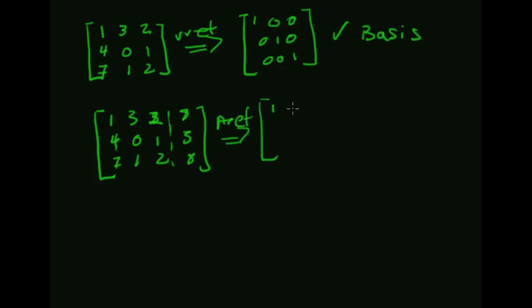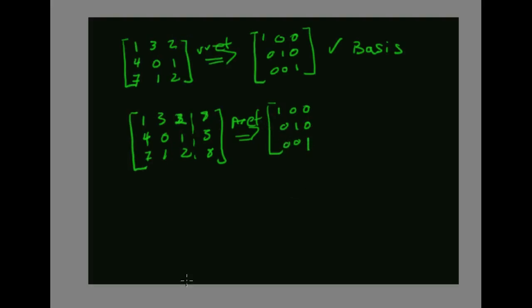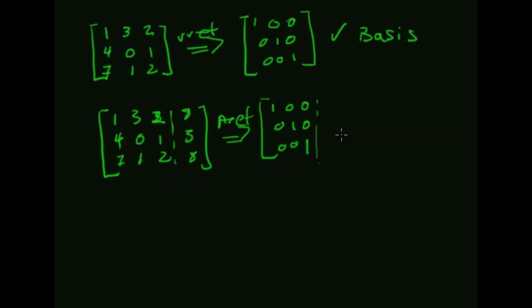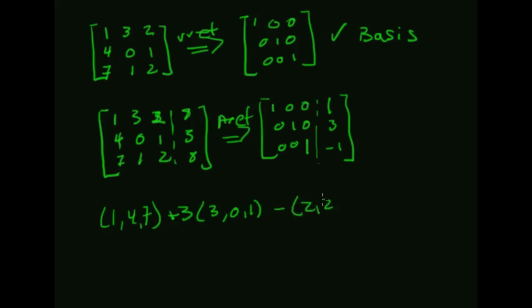I'm going to get the identity on the left-hand side, and the augment is going to come up as 1, 3, -1. So this tells me that 1 times 1, 4, 7 plus 3 times 3, 0, 1 minus 2, 1, 2, the last coefficient is -1, should give me 8, 3, 8, and you can check that. It works out quite nicely.